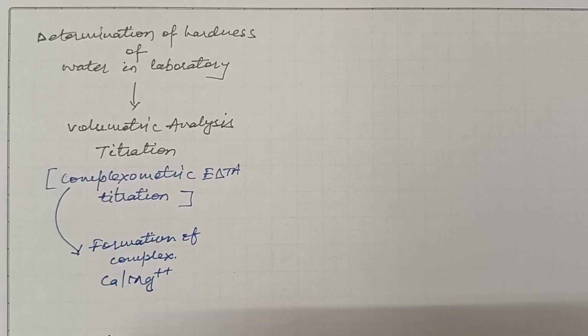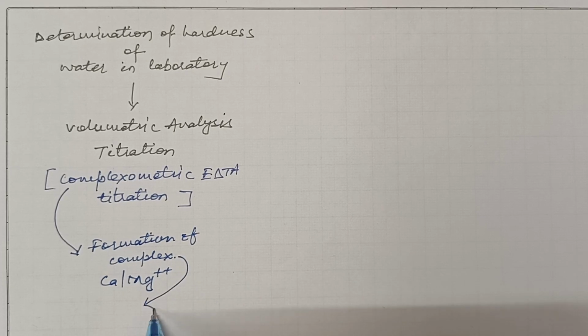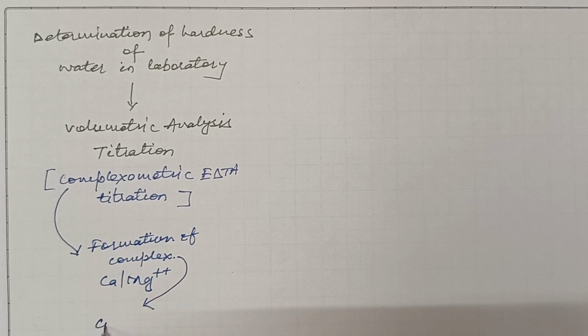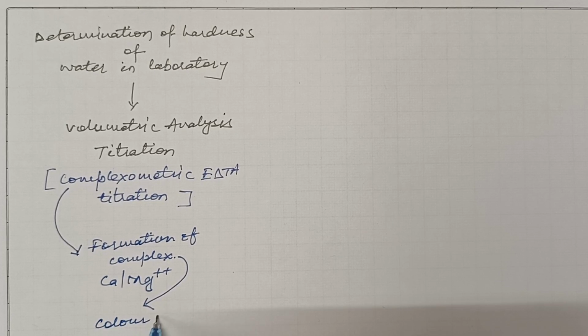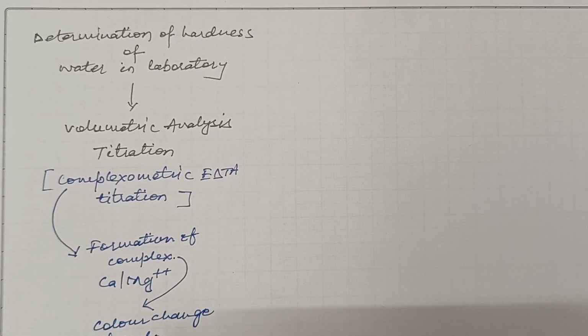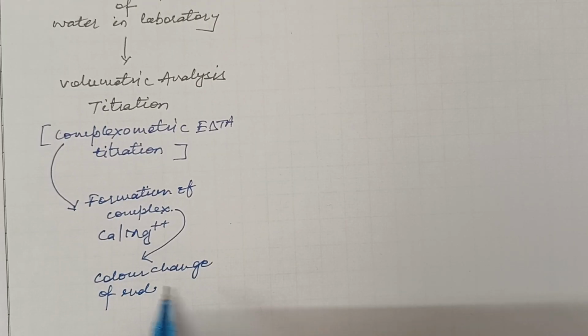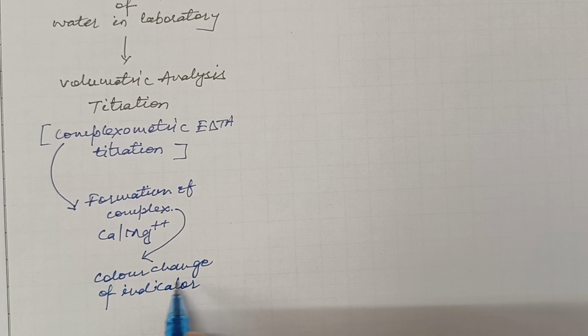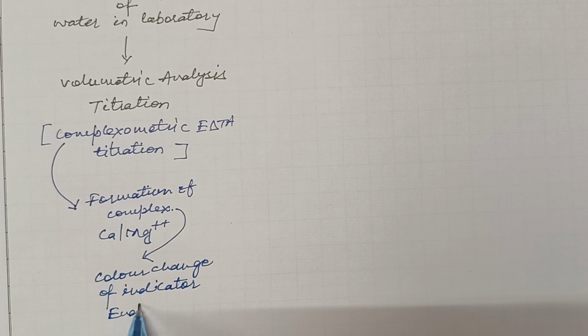So the formation of a particular type of complex brings a color change of indicator, and we get an endpoint.